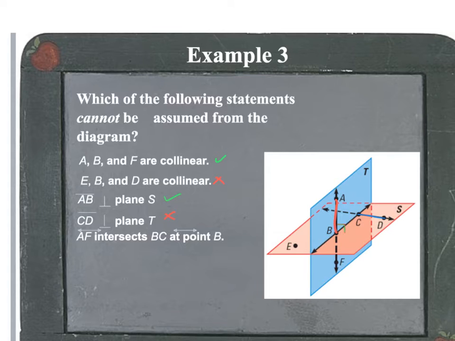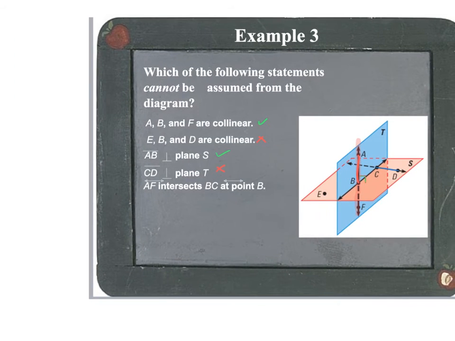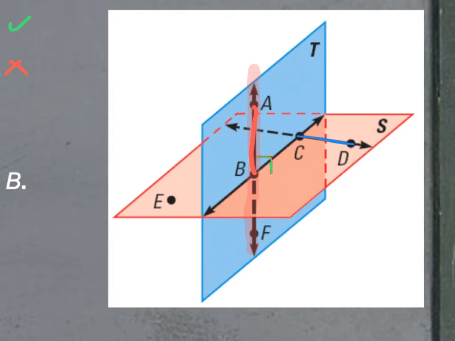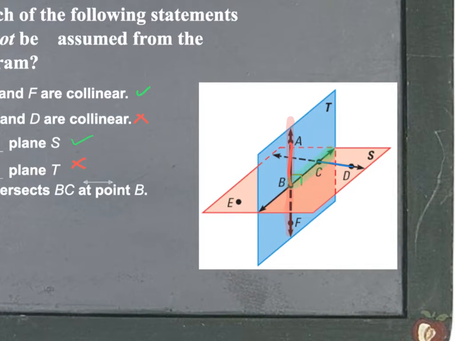Okay, last but not least on this one, we've got line AF. That's that whole one right here. All of this intersects BC. Here is BC right here. Did they say line segment? No, line BC.